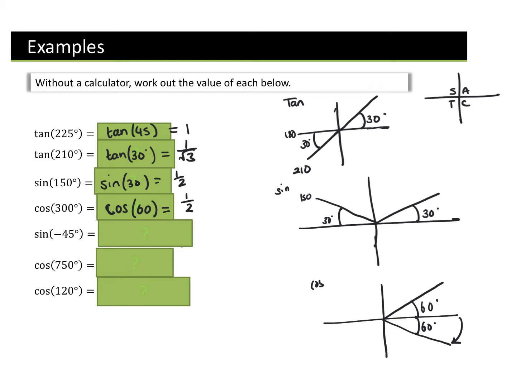Now sine of minus 45. If I was to draw minus 45, here it is, 45. Again, I'm going to reflect this in the vertical line, 45 degrees.